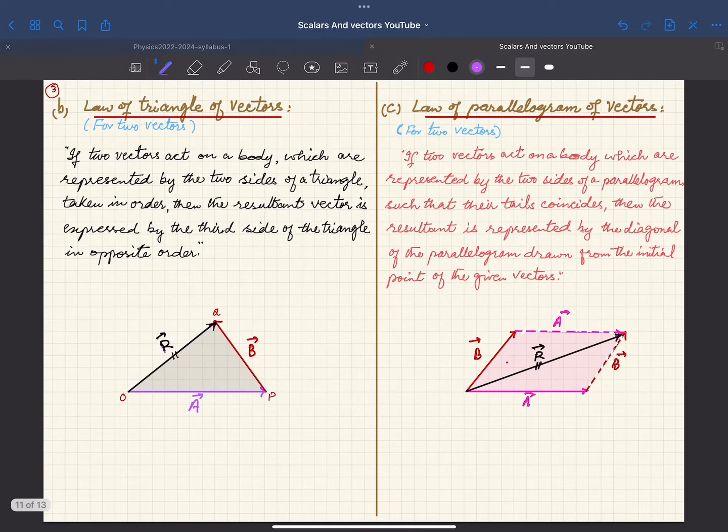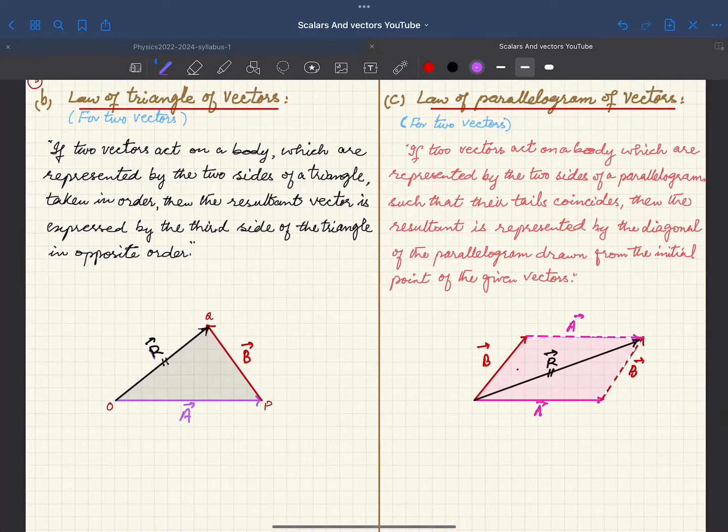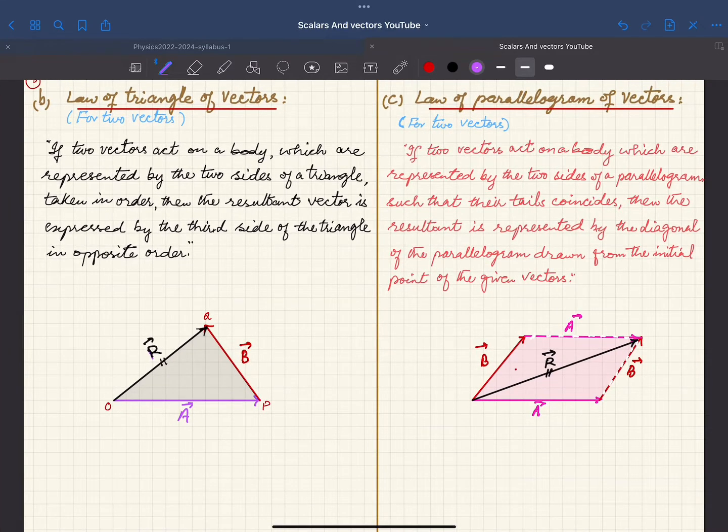Now we have two more methods here, and the second method is the law of triangle of vectors. This method is particularly useful for the addition of two vectors, and when we consider forces in the coming chapters, this method will be specifically very useful.